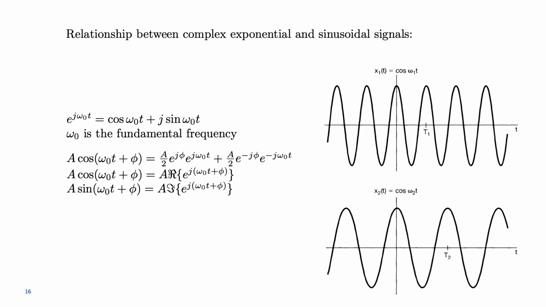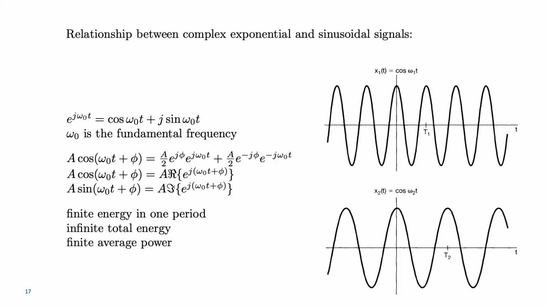You see two examples with two different frequencies and two different periods. In the case above, you have a fundamental frequency omega 1, higher, and a period t1 smaller. Below, you have a fundamental frequency omega 2, which is lower, and the period t2, the fundamental period, is correspondingly larger. We'll see more on this later.